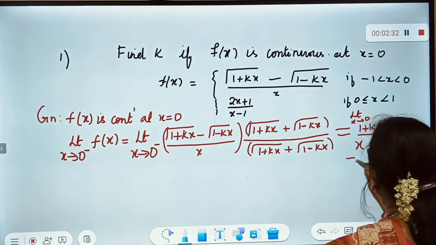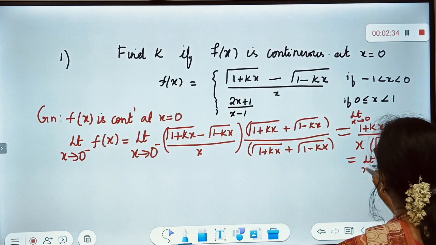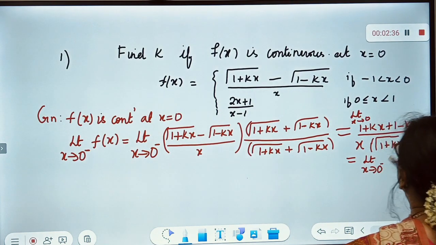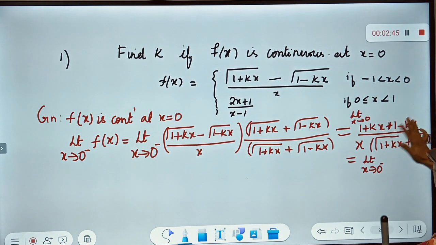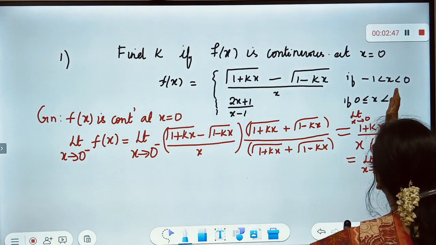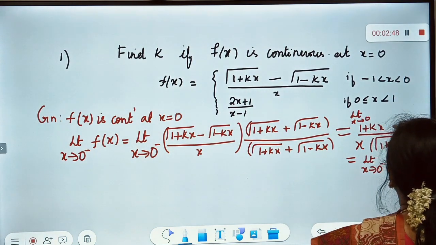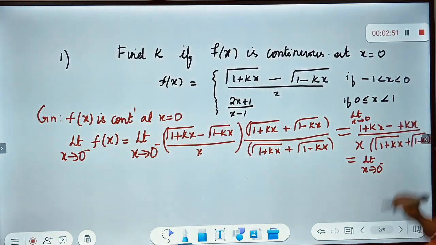Now this will become limit extends to 0, actually it is 1 plus kx minus 1 minus kx.